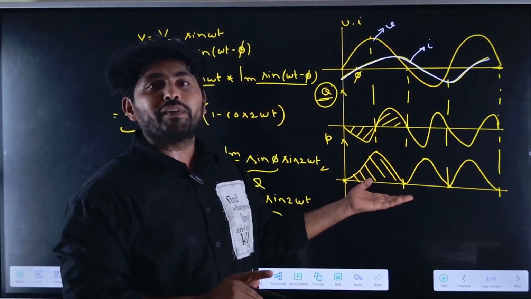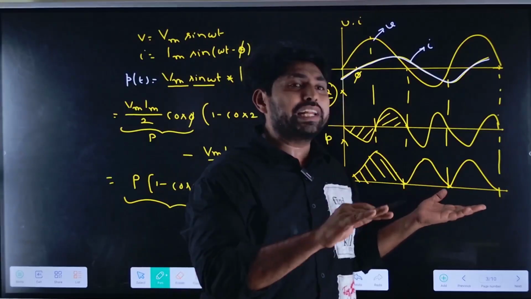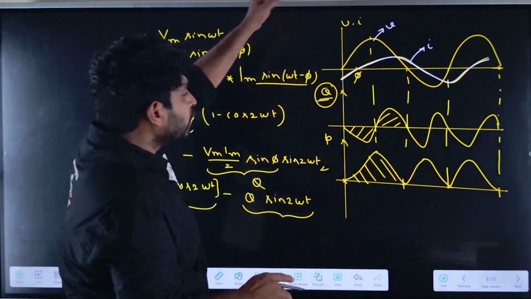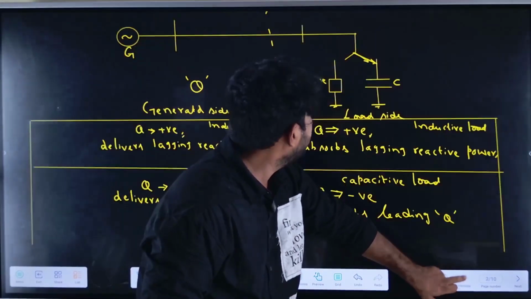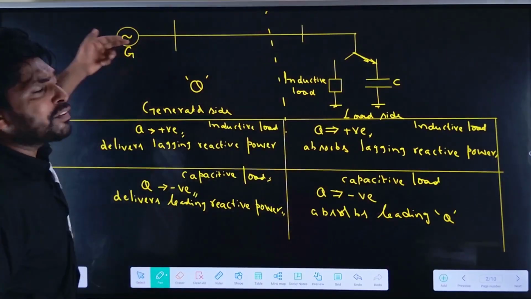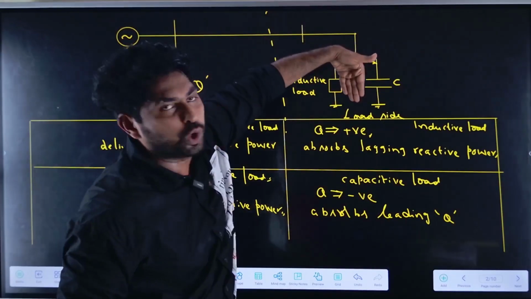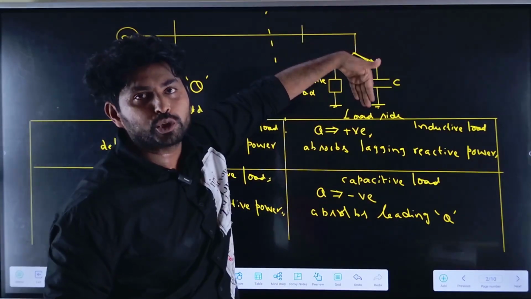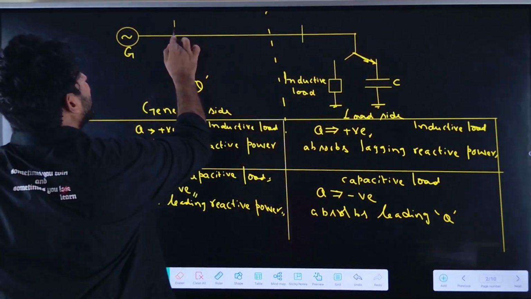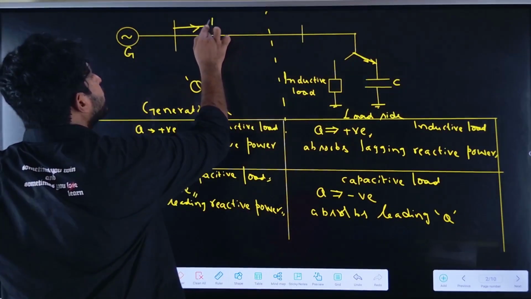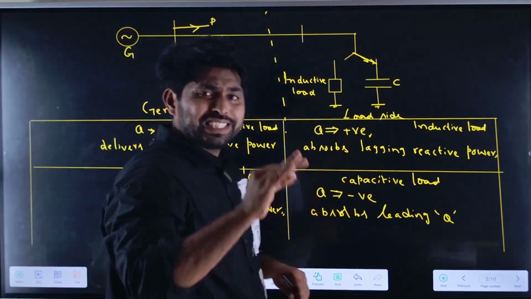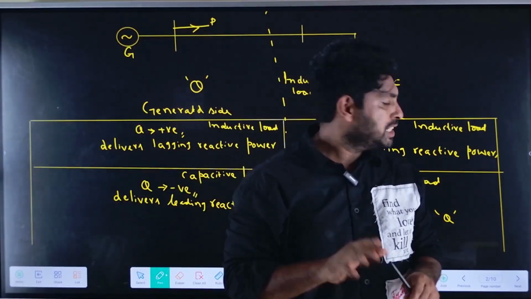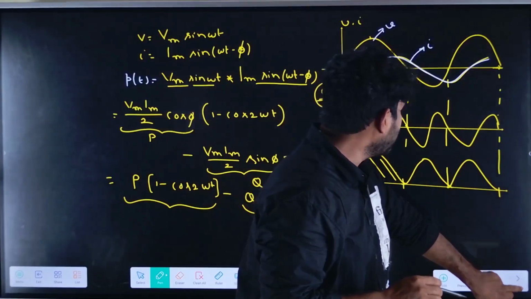The active power is positive, whatever may be the condition. The active power always flows from the source to the load. The direction of active power is always from source to load, which is unidirectional, and it is always positive.